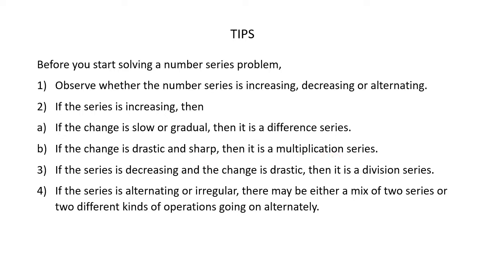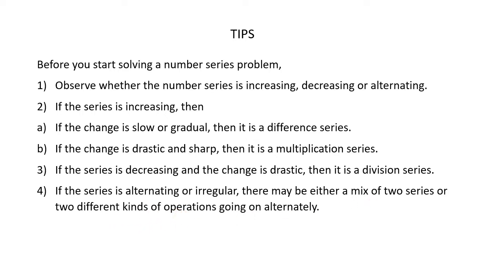If the series is decreasing and the change is drastic, then it is a division series. If the series is alternating or irregular, there may be either a mix of two series or two different kinds of operations going on alternately.